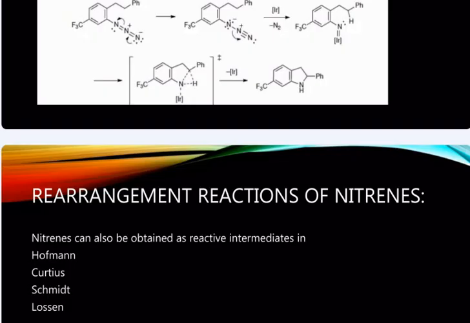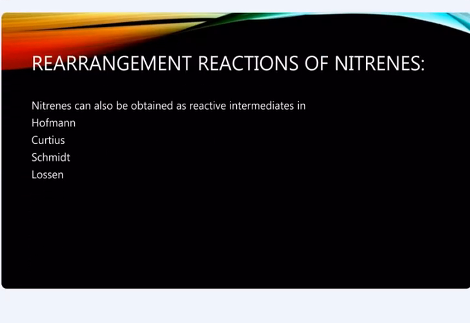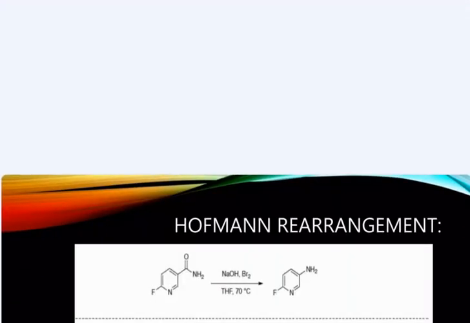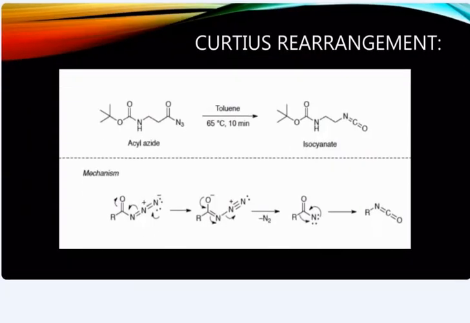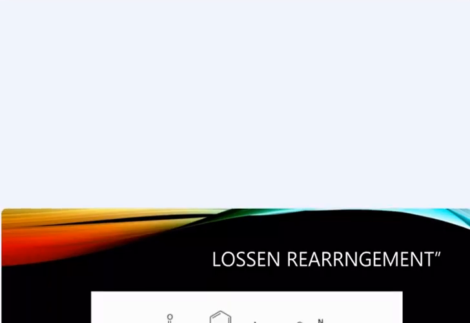Now rearrangement reaction of nitrene. Nitrene can also be obtained as a reactive intermediate in Hofmann, Curtius, Schmidt and Lossen rearrangement reactions. Remember for the NET examination. Hofmann rearrangement: you can see the formation of nitrene during the reactions. Curtius rearrangement: you can see the formation of nitrene and then formation of isocyanate.